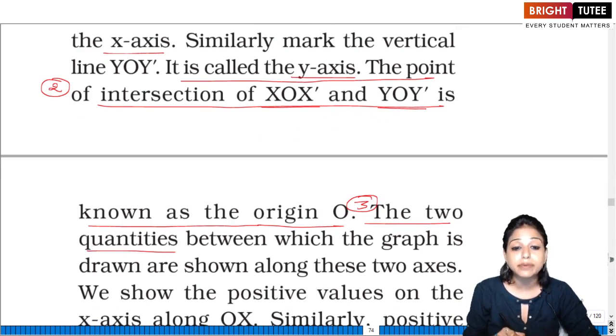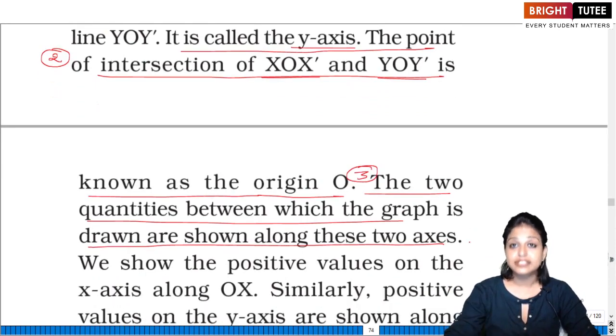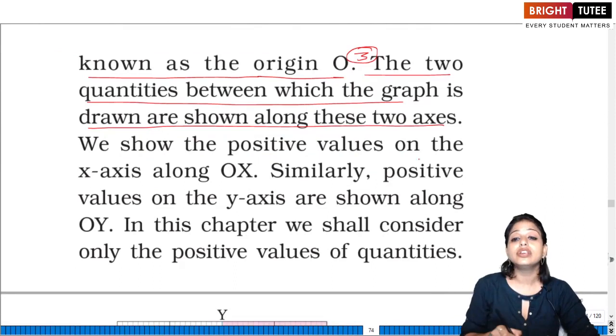The two quantities between which the graph is drawn must be shown on the x and the y axes. This is very important to understand. You can mark any two quantities which are related to each other on the x and the y axis. We show the positive values on the x-axis on the OX.